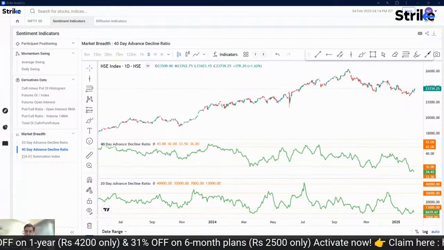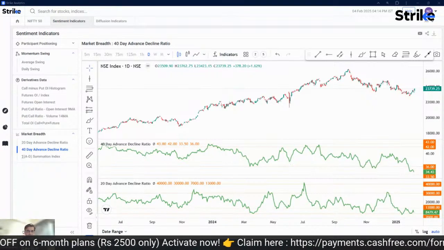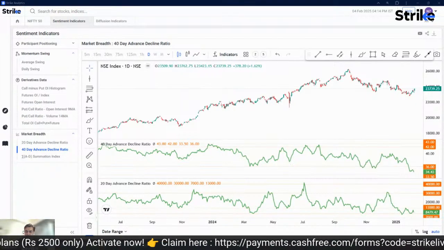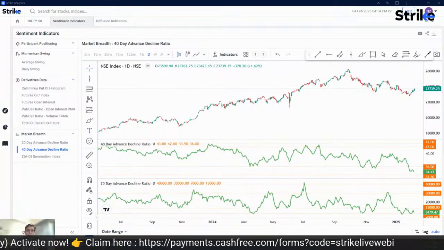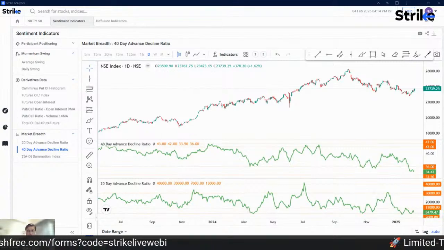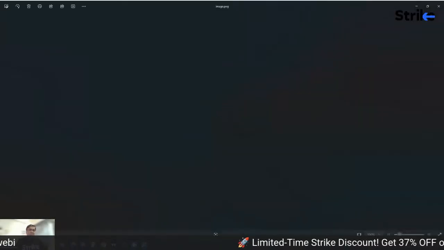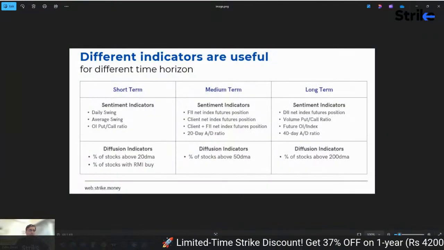Okay, now let me pull up one particular image for you, which will help you to sort out what are the medium term indicators and which are the short term indicators over here.